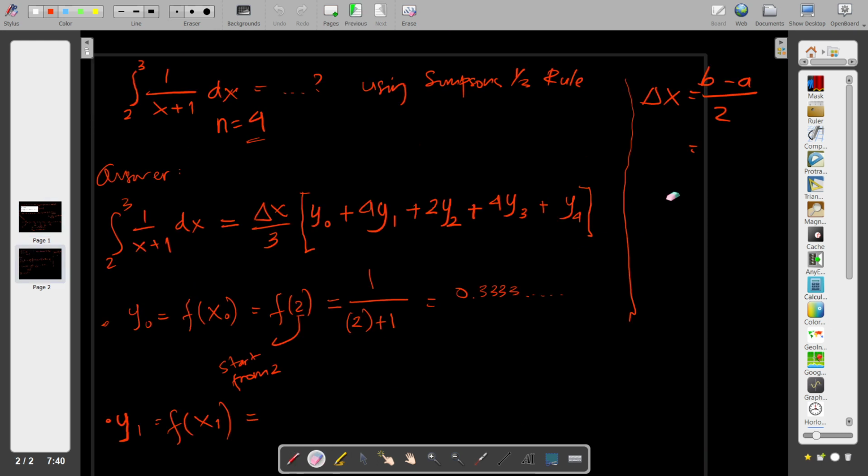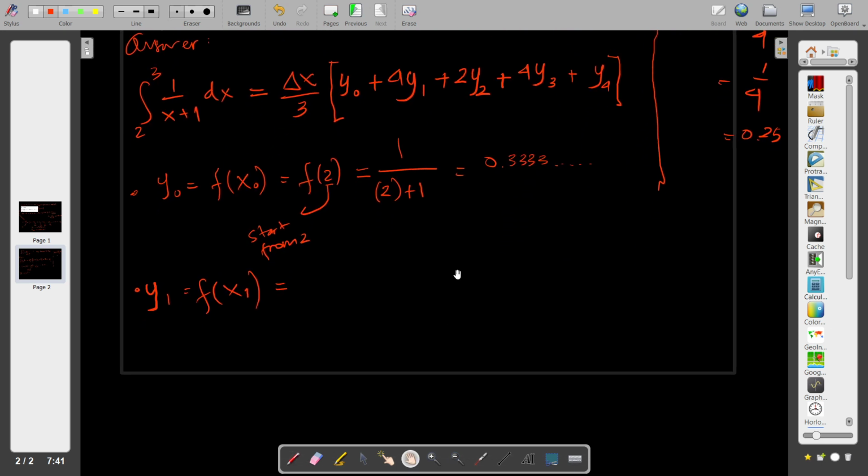Our b is 3, and this is our a, so 3 minus 2 divided by the number of n, which is 4. So it must be 1/4 or 0.25.